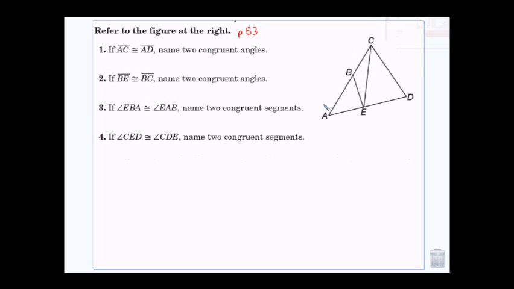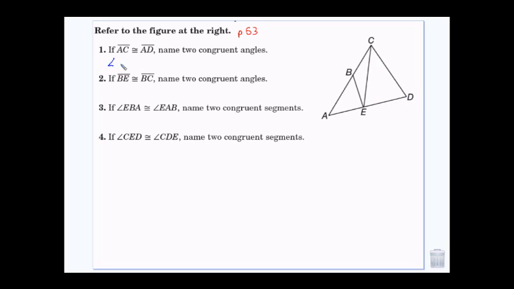AC is congruent to AD. Name two congruent angles. So this is an isosceles triangle right here, right?